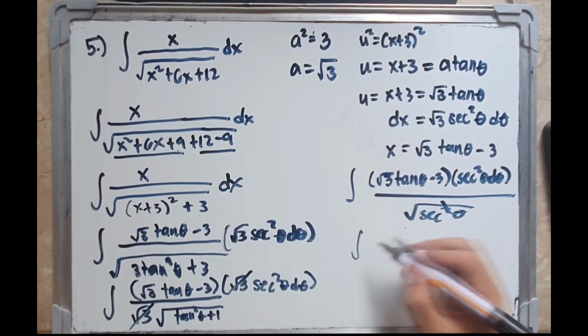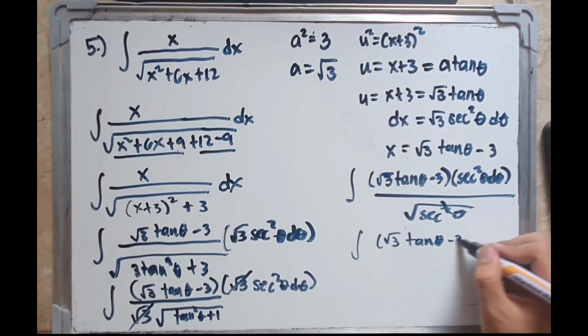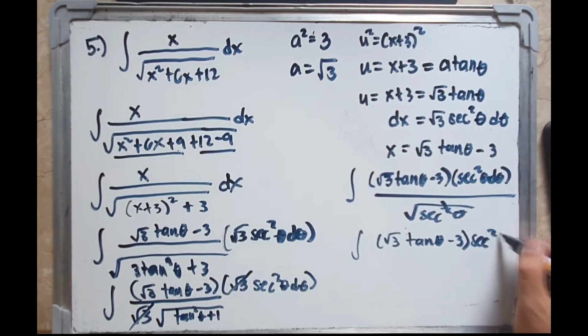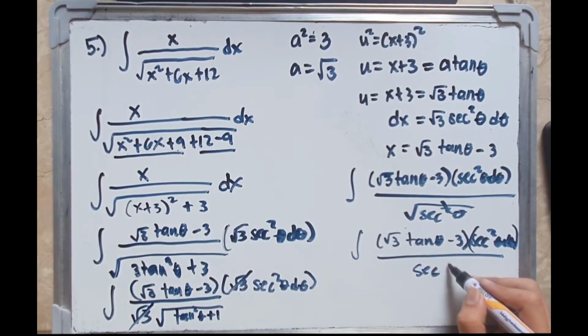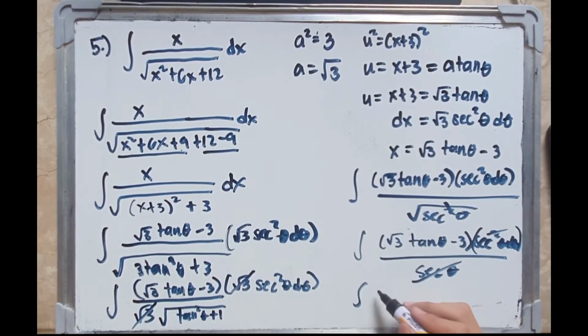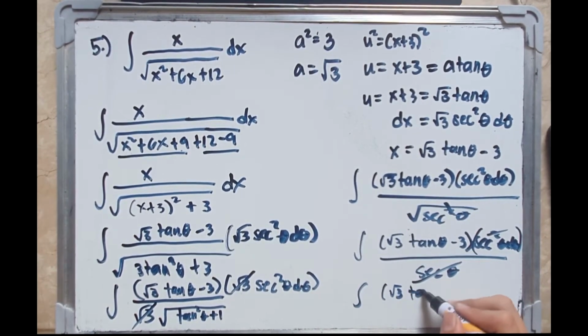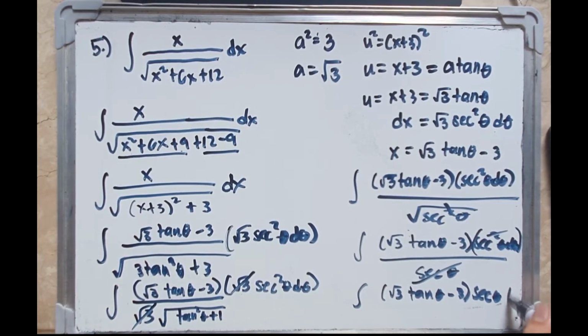Cancelling this one out. Square root of 3 tangent theta minus 3. Secant squared theta d theta over secant theta. We could cancel. And now we have square root of 3 tangent theta minus 3 secant theta d theta.